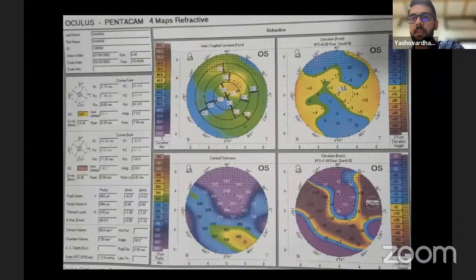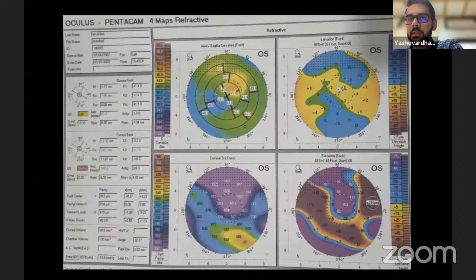So this is what is happening in the central 3 millimeter. This is a high variance between the astigmatism in the central 3 millimeter, and the corneal steepening is more towards the superior nasal side, that is at 45.7.